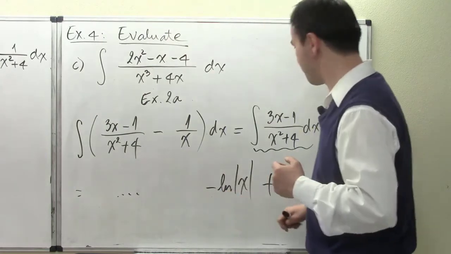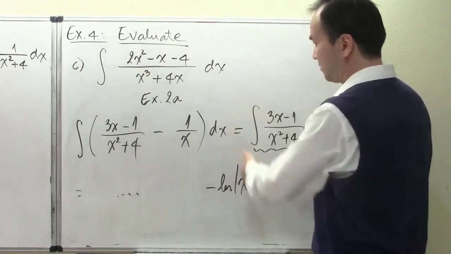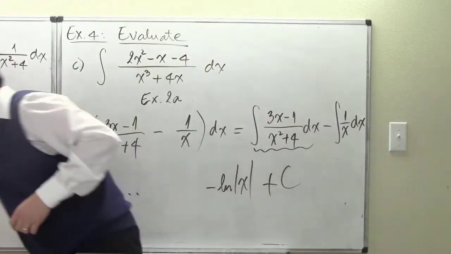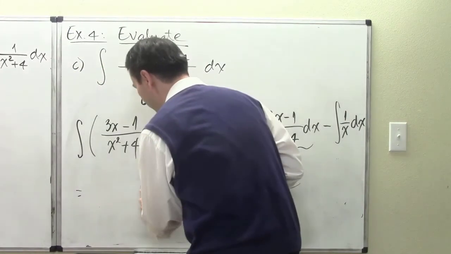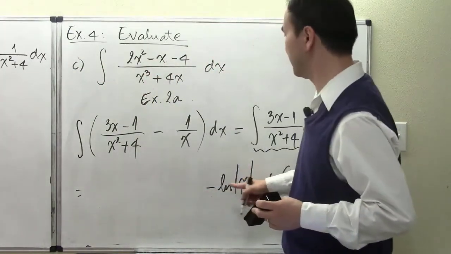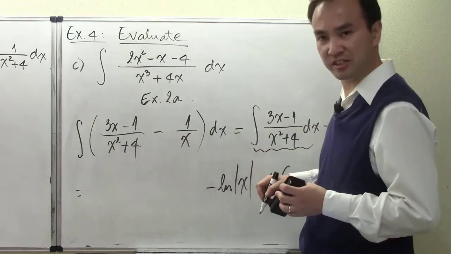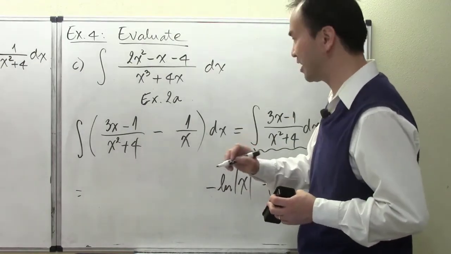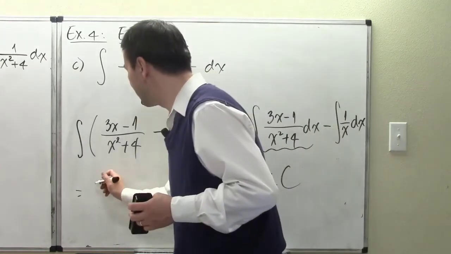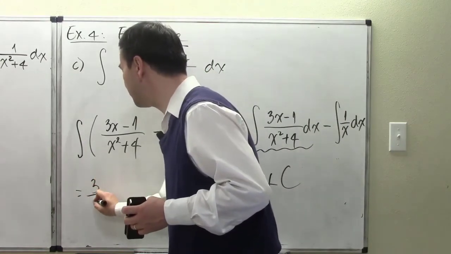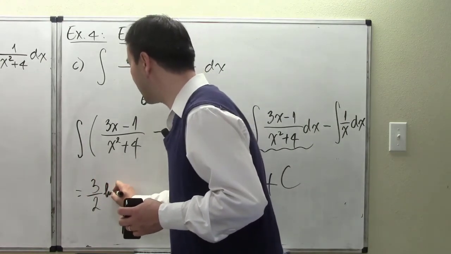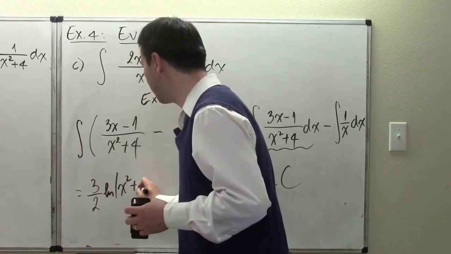So now all of that here becomes now, I can erase the gigantic space right here. So this one fraction that we spent so much time working on in the separate scratch work on the other board now becomes 3/2 natural log of x squared plus 4.